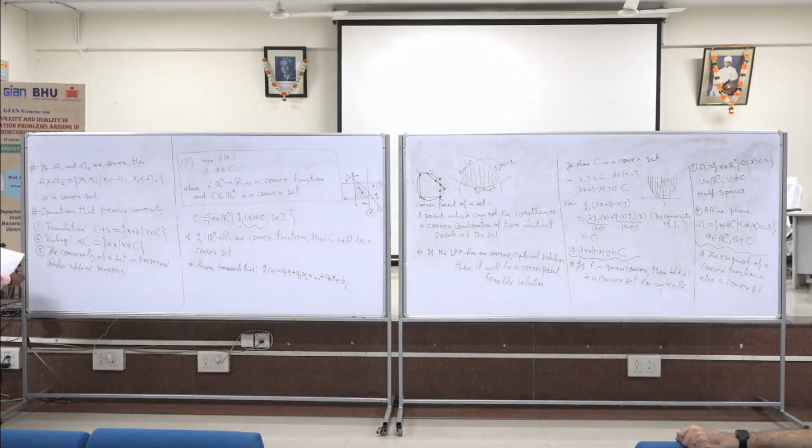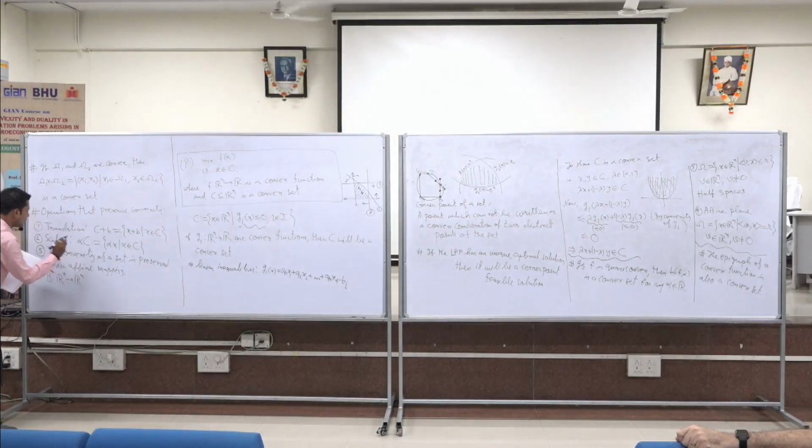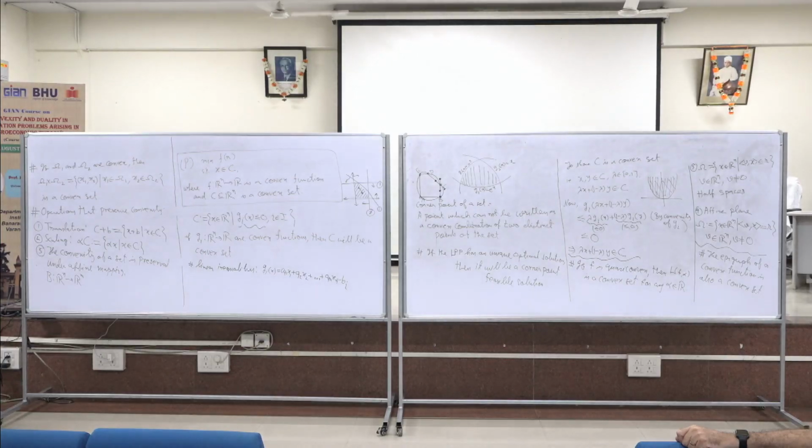So suppose you have a function B from Rn to Rm. We have a type of affine mapping in linear programming problems also, because we change the dimension of the feasible region when we introduce slack variables or surplus variables.